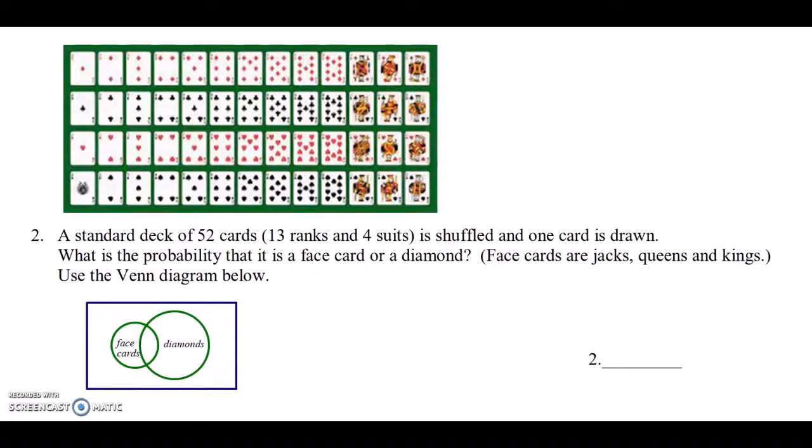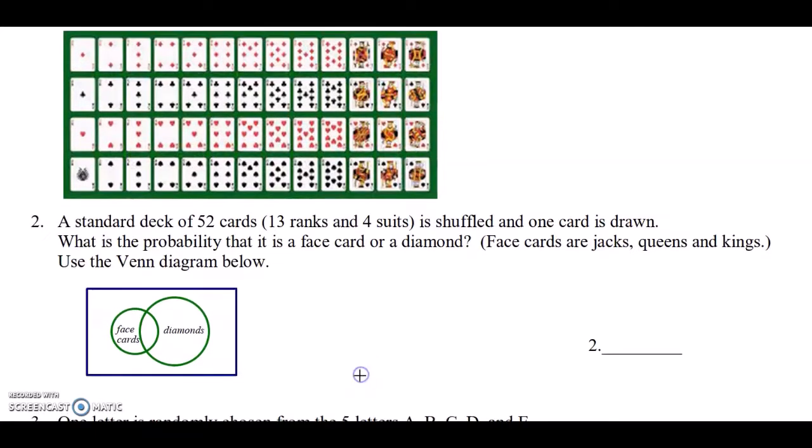So back to the problems that we are looking at. A standard deck of 52 cards, 13 ranks, 4 suits, and that would be shown here, ace through 10, then jack, queen, king, in the 4 suits, is shuffled and 1 card is drawn. What is the probability that it is a face card or a diamond?